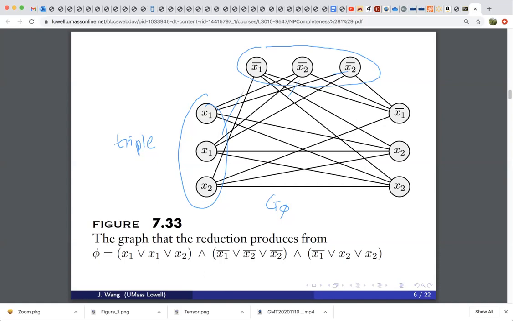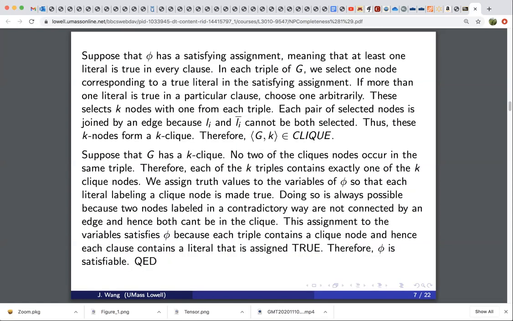Now let's see how we can use this to represent satisfiability of the given Boolean formula. And that's what this reduction means. Okay, so now the writing here is from the book, but I will just explain it slowly.